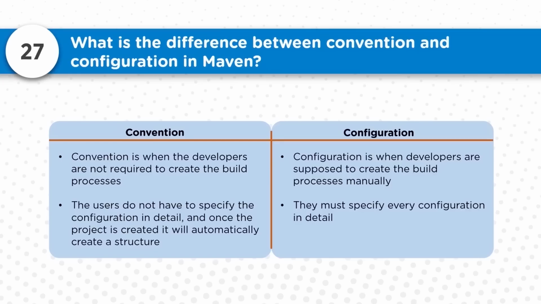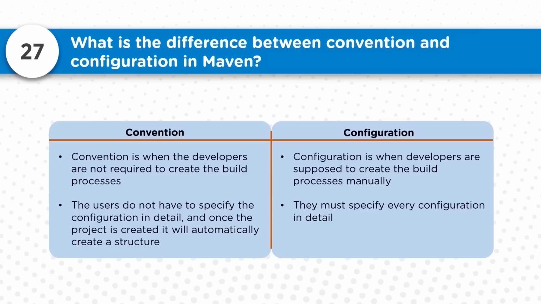Now, what is exactly the difference between convention and configuration in Maven? Convention is when the developers are not required to create the build processes. Configuration is when the developers are supposed to create the build processes. So the users do not have to specify the configuration in detail, and once the project is created, it will automatically create a structure.